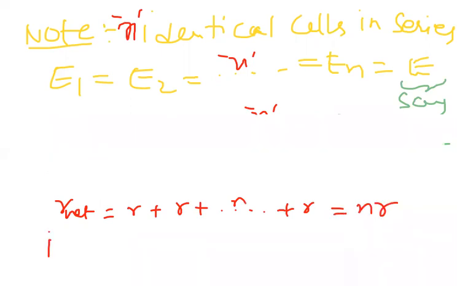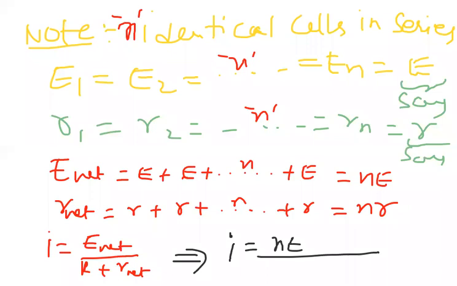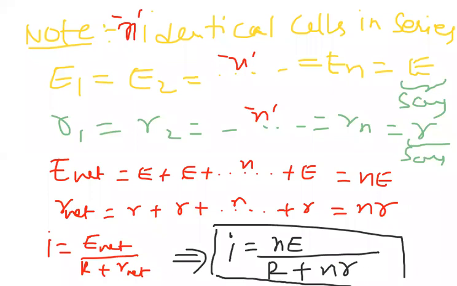So what is our main formula? I equals E net by R plus R net. From this, I get the formula for current for identical cells: I equals Ne by R plus Nr. Very important from the objectives point of view. We often use this in problems. So remember this formula: I equals NE by R plus Nr, for N identical cells in series.